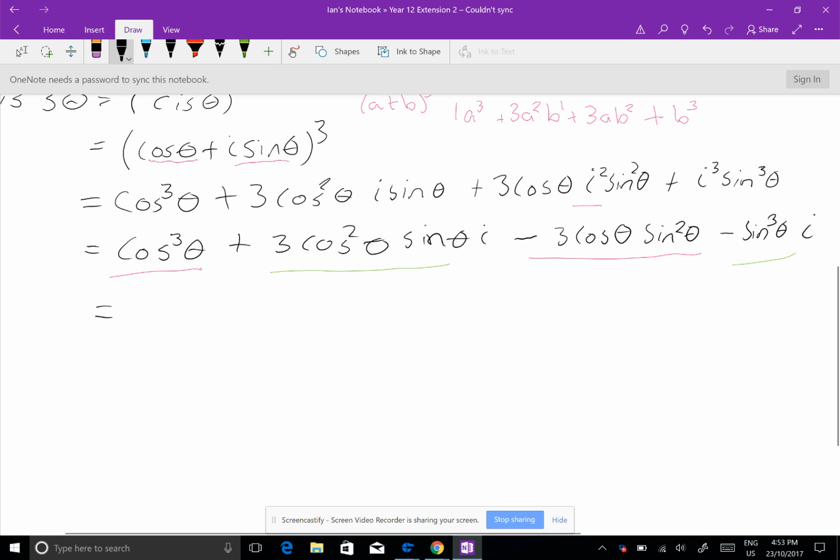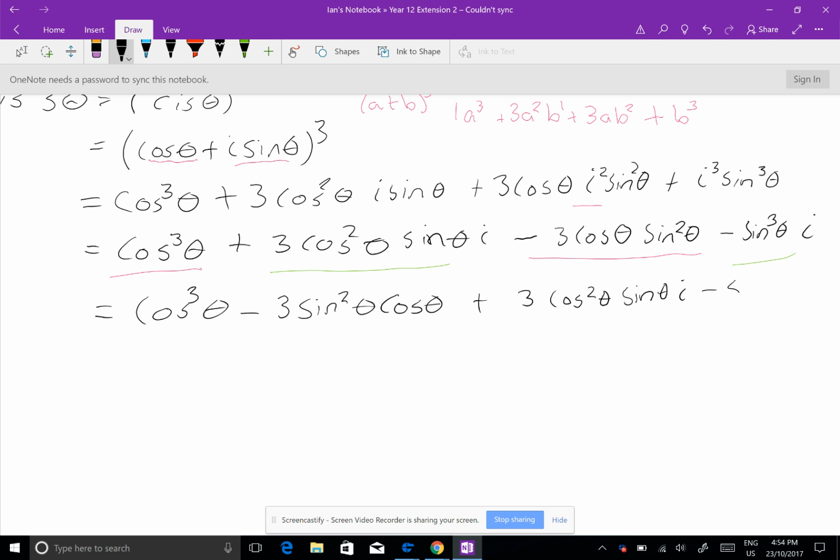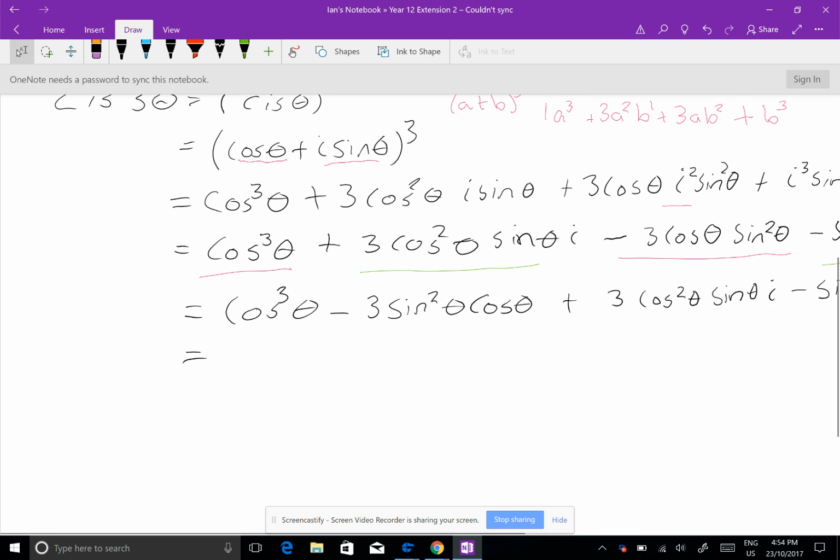So we get cos cubed theta minus 3 sine squared theta cos theta plus 3 cos squared theta sine theta times I minus sine cubed theta times I. And now I'm just going to write this out completely now.